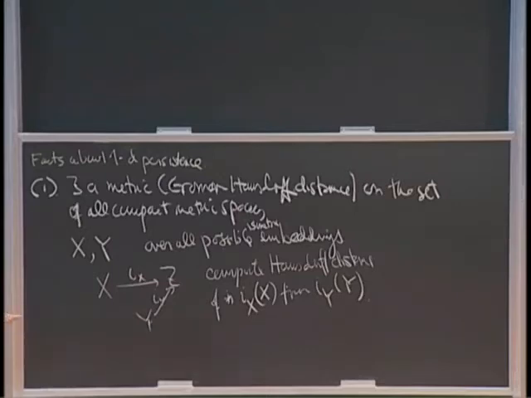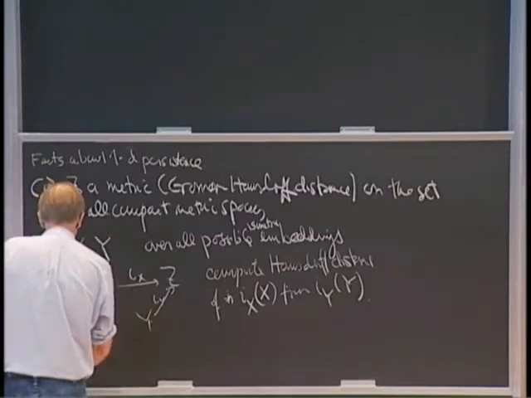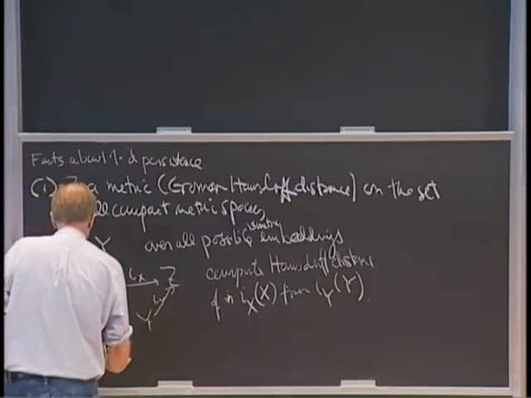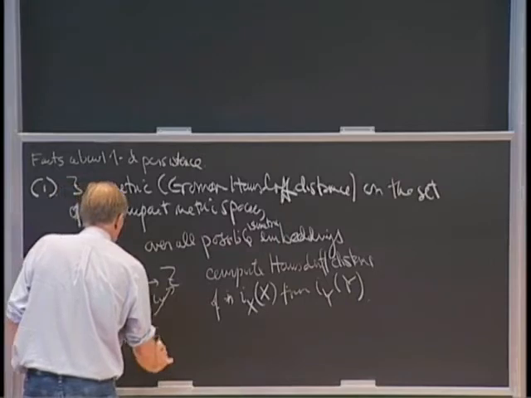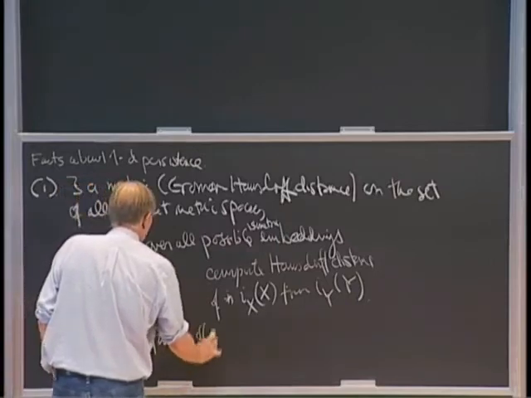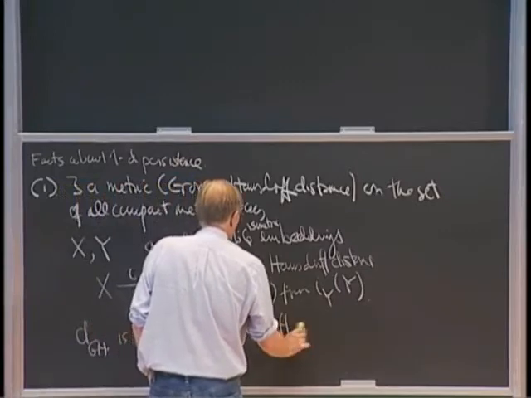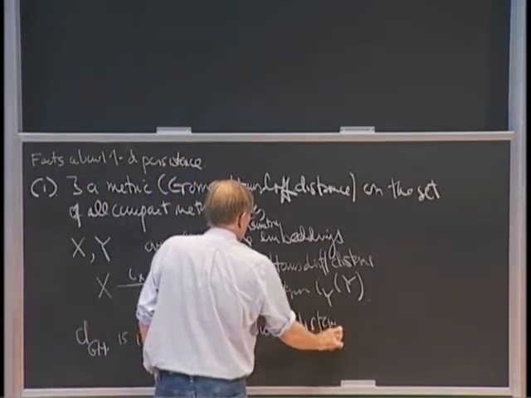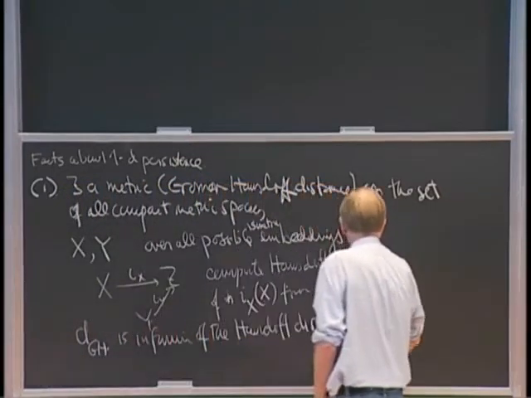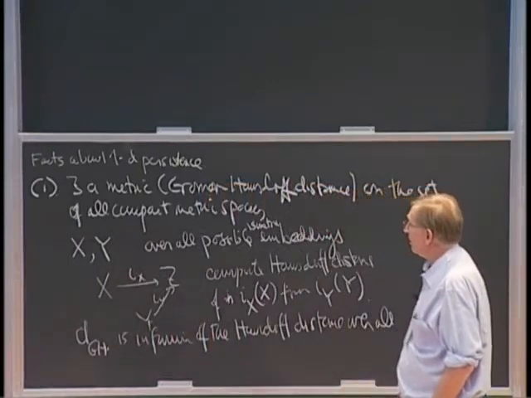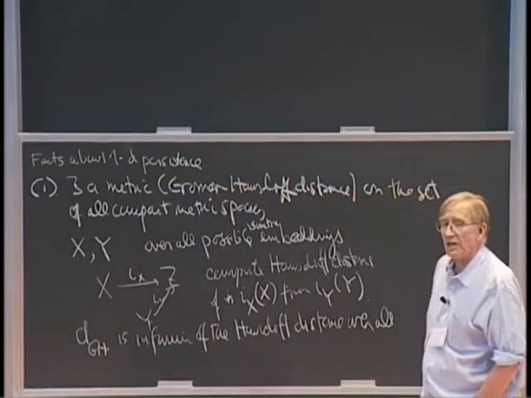And the Gromov-Hausdorff distance is the infimum over all possible embeddings like this of that Hausdorff distance, over all embeddings into all possible Z's.